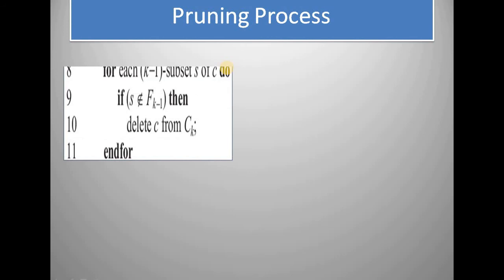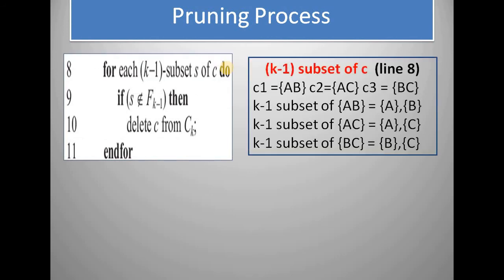Now next is the pruning process. These are the steps of the pruning process. First, for each k minus 1 subset S of C, our candidates are AB, AC, BC.